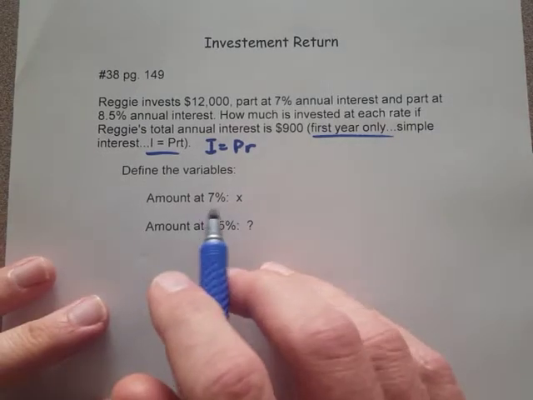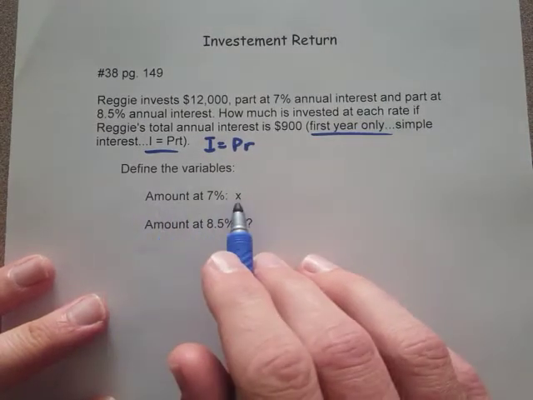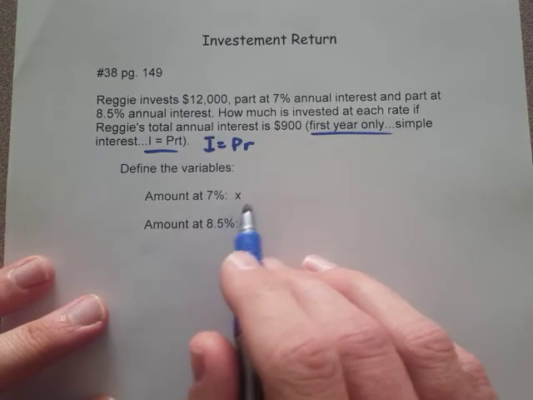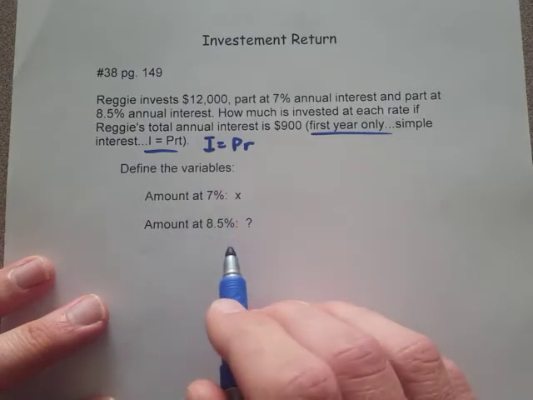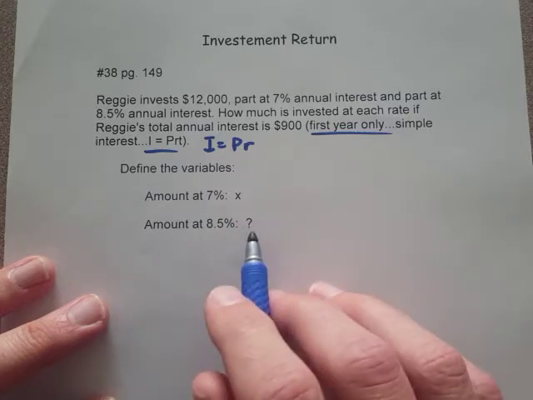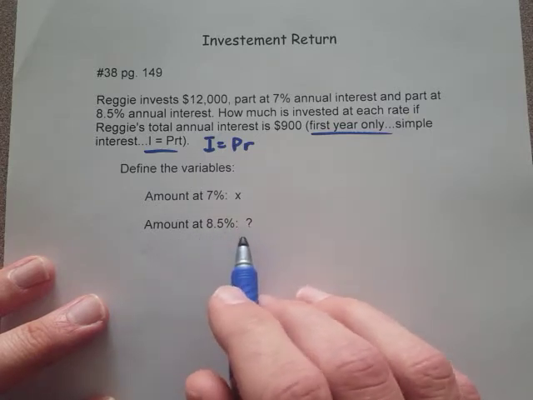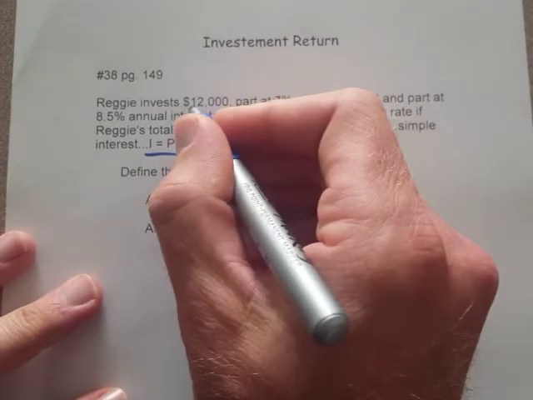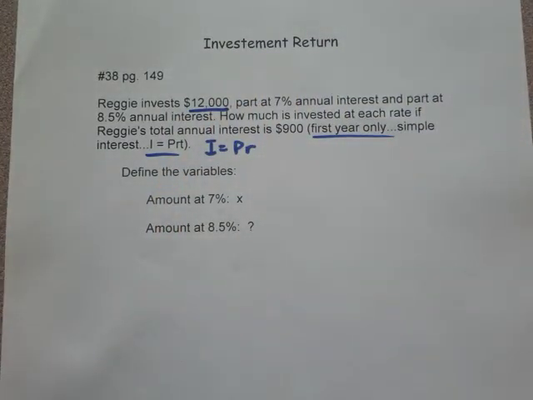So I have, as you can see already, defined my 7% account as the variable x. That's how much money he's going to put into the 7% account. Now there's also that 8.5% account, and we want to define this variable too, and it's going to be done a lot like that last problem with the solution where it was 100 gallons for the final barrel. This time we have $12,000 as his total investment in the two different accounts.